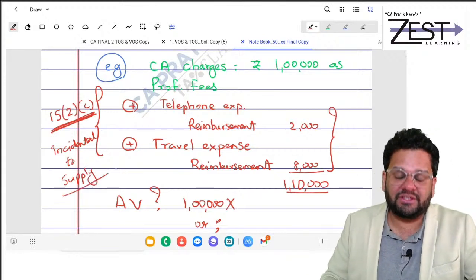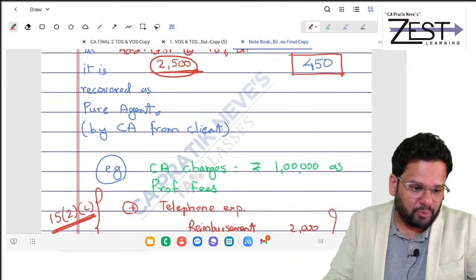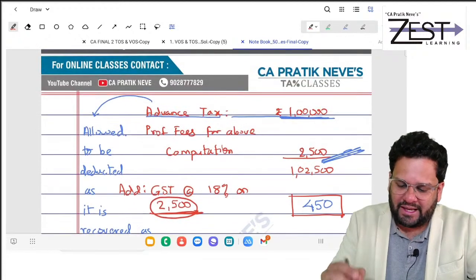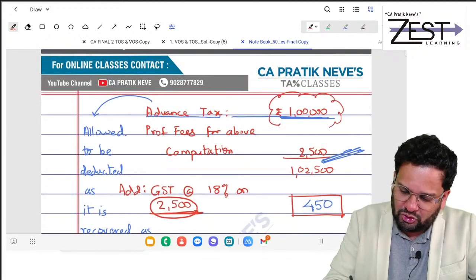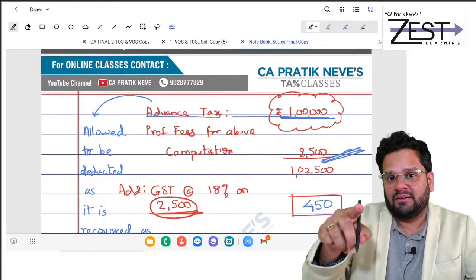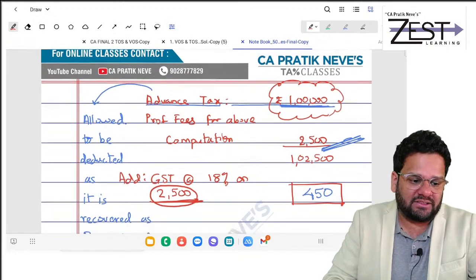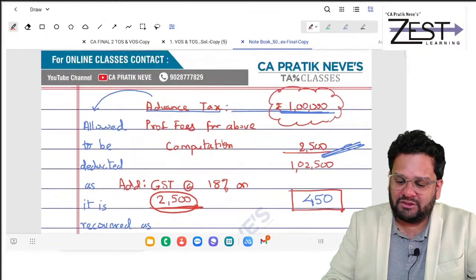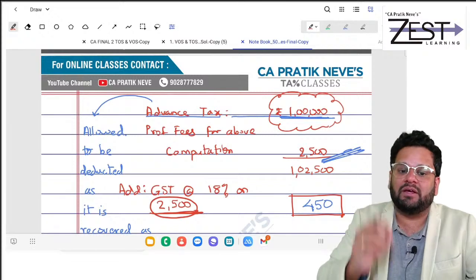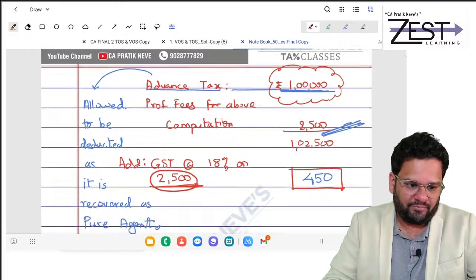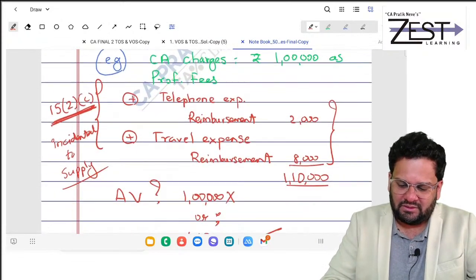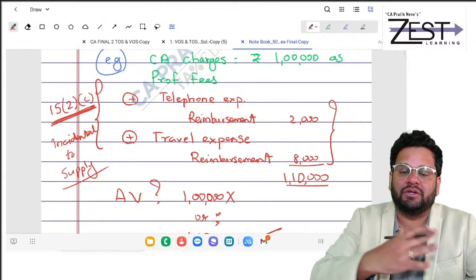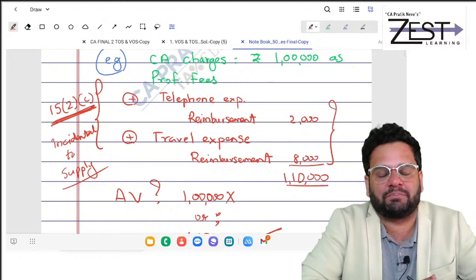So what is the difference between the earlier point and this point? Earlier point, this 1 lakh rupees was to be paid by the recipient of supply, but as a supplier I have paid. Okay, and paying this was not necessary for giving my professional service. And this 2000, 8000 is an expense which I only should have paid as a supplier.